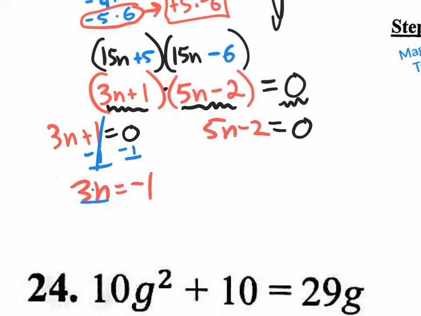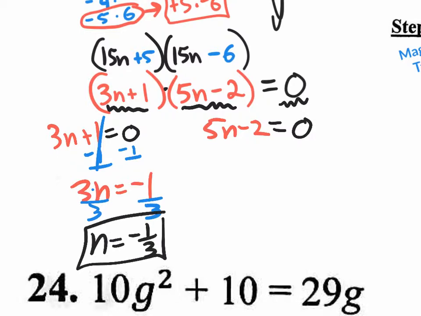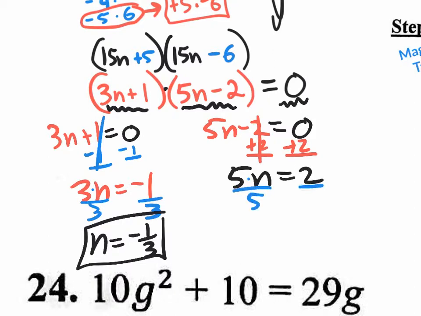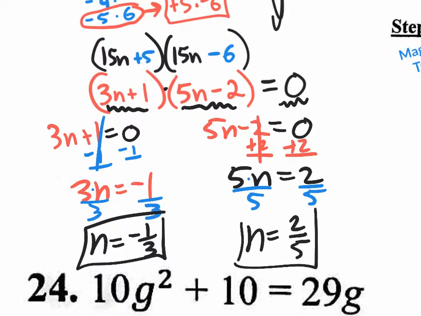Final step would be to divide by 3, n equals -1/3. That's one answer. The other answer, +2, you're going to end up with 5n equals 2. My final step would be to divide by 5, and n equals 2/5. So you get two answers, -1/3 and +2/5.